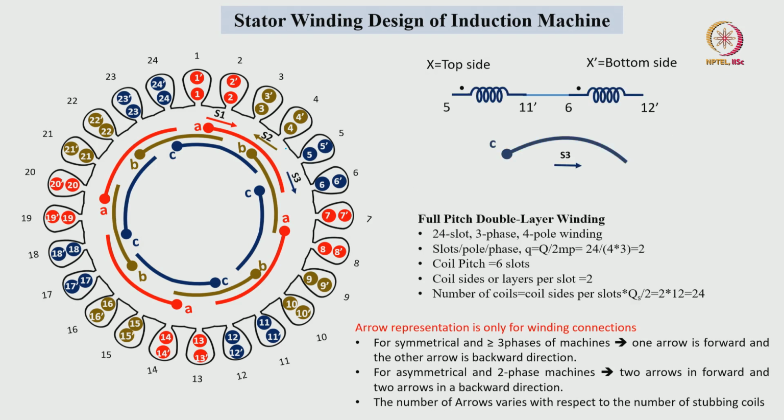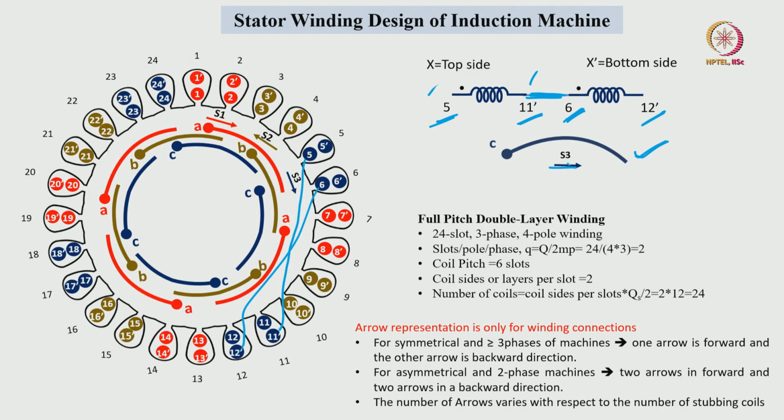Then S3 with respect to the C phase, these 2 coils, the coil side which is placed in slot number 5 top and slot number 11 bottom side, slot number 6 top side and slot number 12 bottom side. These 2 coils, 5 and 11 dash and 6 and 12 dash, we are connecting with external connection and making as one stubbed winding.